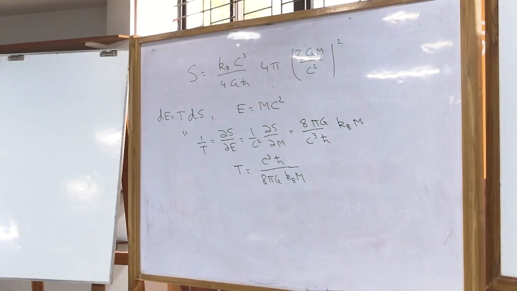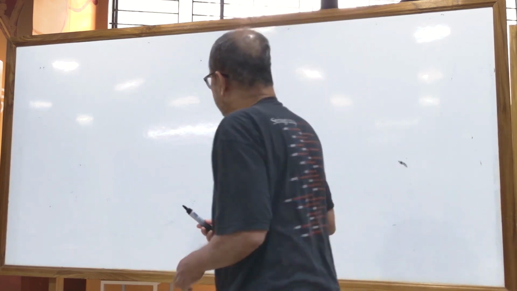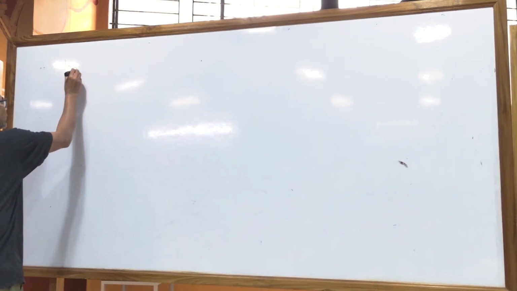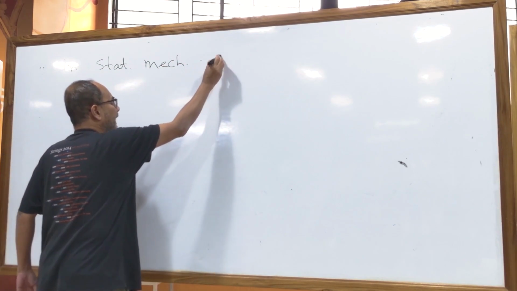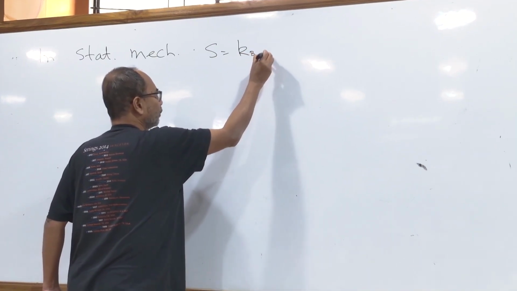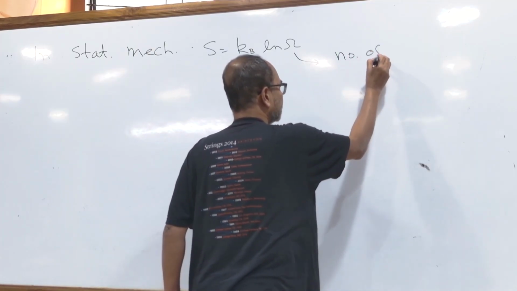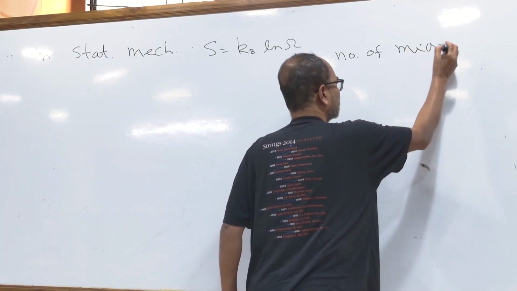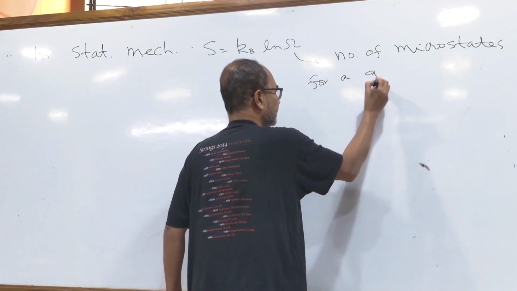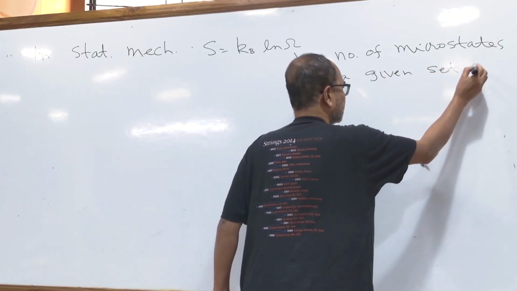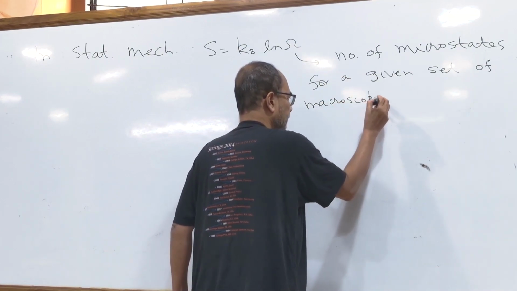Okay, so now we come to the main question that we want to address. In statistical mechanics, we have this relation S equal to Kb log omega, where omega is the number of microstates for a given set of macroscopic properties.